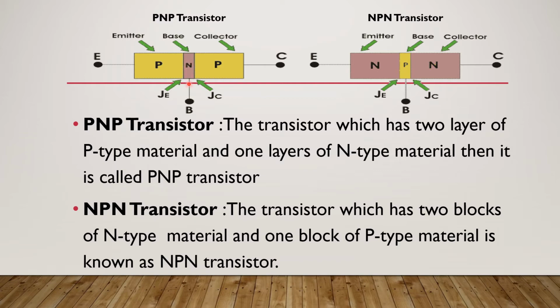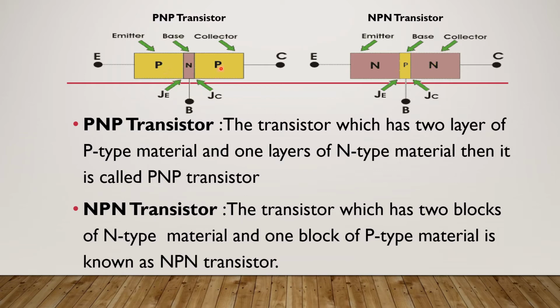This one N-type material is sandwiched between two P-type material. That's why it is called as PNP transistor. Similarly, in NPN transistor, one P-type material is used and two N-type materials are used. So this single P-type material is sandwiched between two N-type material, and hence this is called NPN transistor.